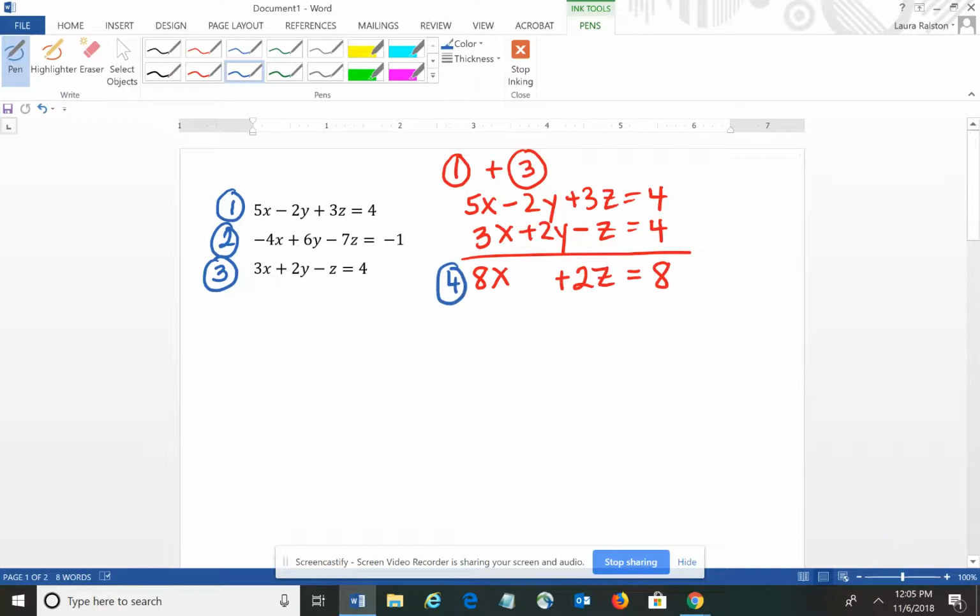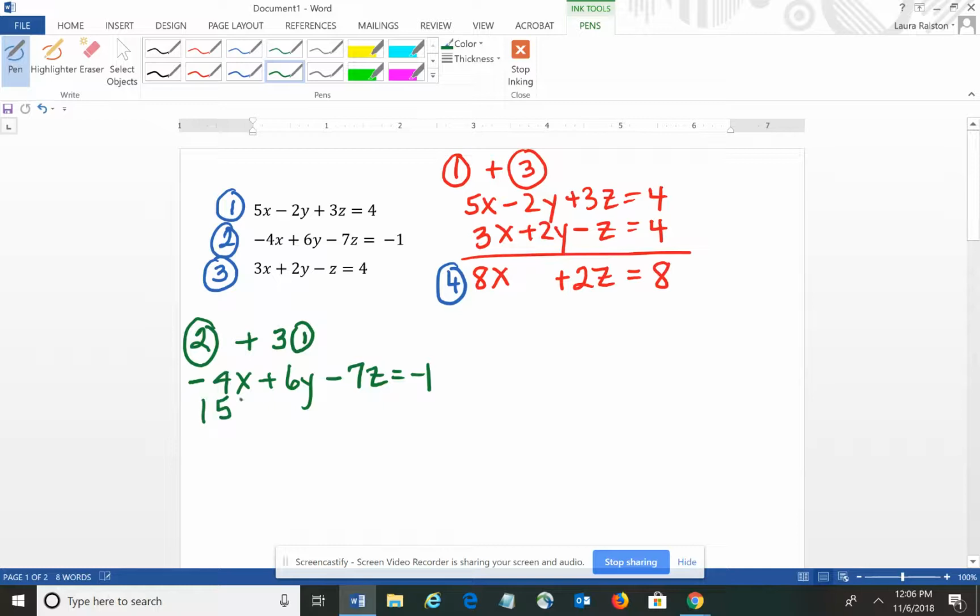From there, I have to use equation number 2 because we haven't worked with it yet. So I need equation number 2, and I'm going to add that to 3 times equation 1 because I want to eliminate the same variable, which would be the y. So equation 2: -4x plus 6y minus 7z equals -1. I'm then going to multiply the first equation by 3.